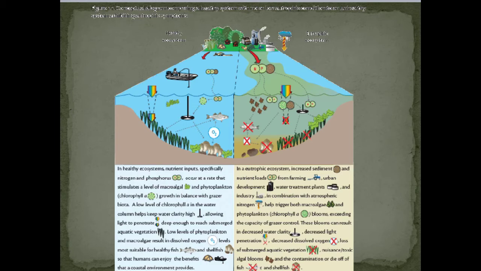And there is also human-induced eutrophication that we've talked about so far, but I want to go over it again, because you can have an oligotrophic lake and turn it into a eutrophic one.